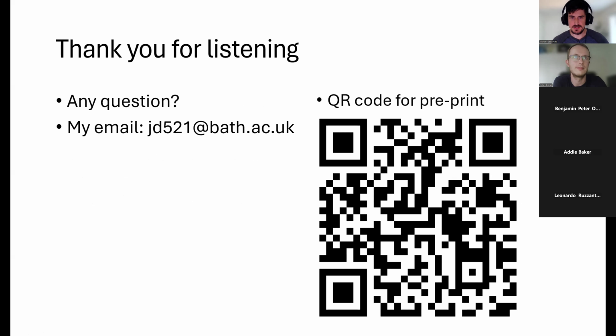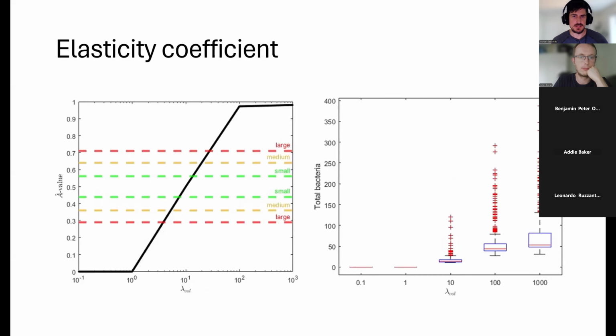I can ask the first question. Of your distributions, you found sensitivity in mostly the von Mises and the elasticity coefficient, your lambda-val. The lambda-val, not very surprising, it effectively can freeze cells.